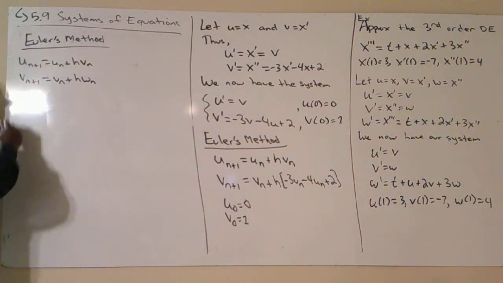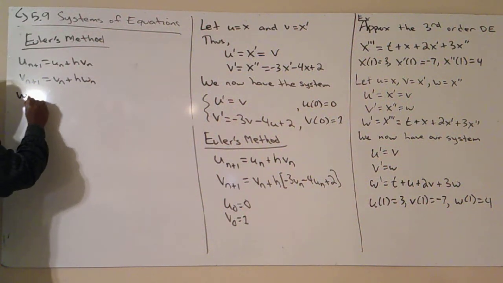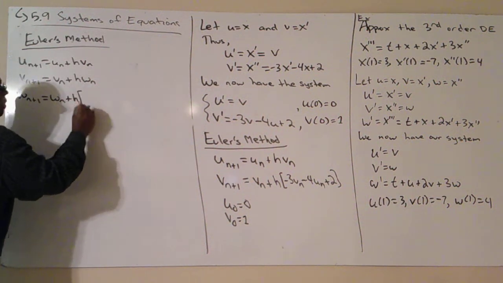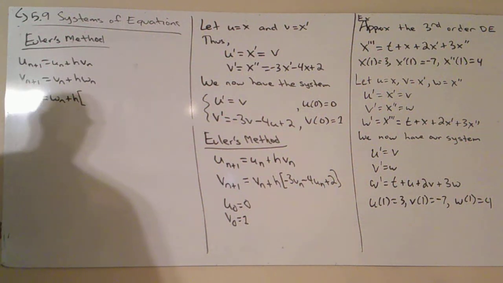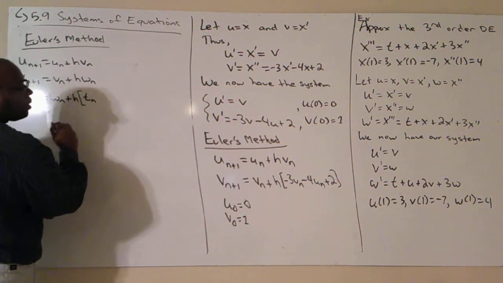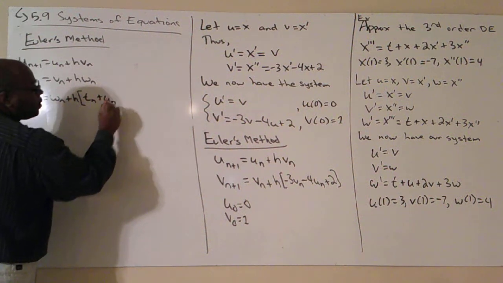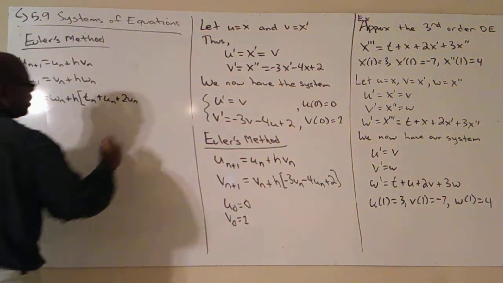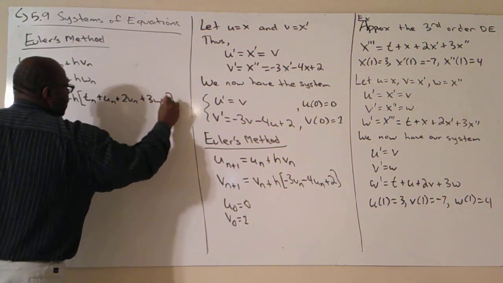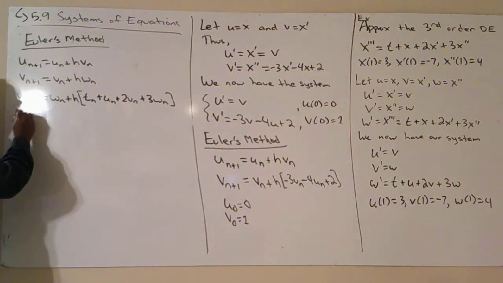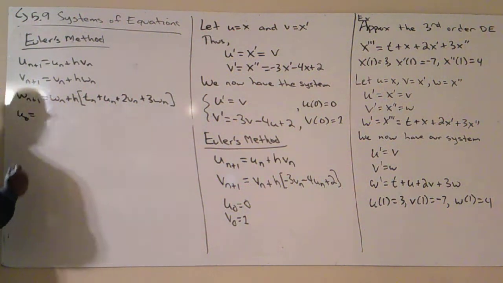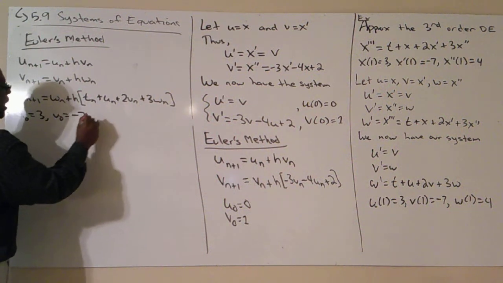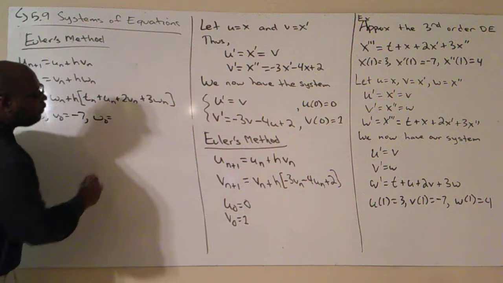And w sub n plus 1 is equal to w sub n plus h times the quantity t sub n plus u sub n plus 2v sub n plus 3w sub n, where u sub 0 is equal to 3, v sub 0 is equal to -7, and w sub 0 is equal to 4.